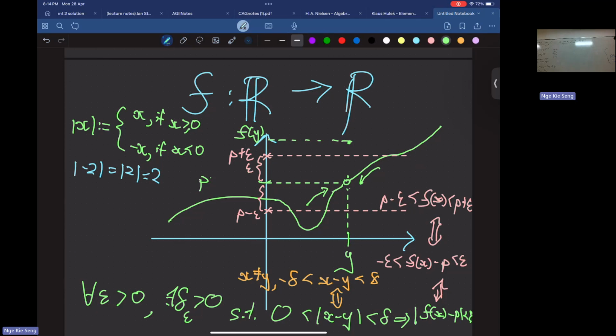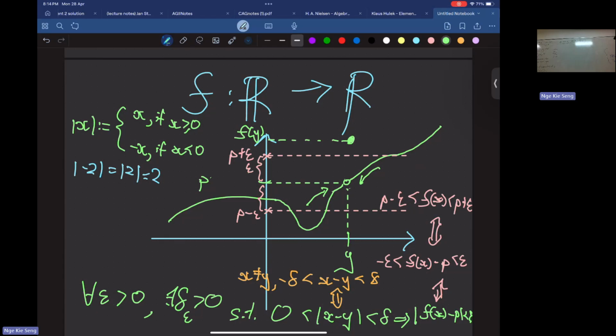But you say that this graph is not continuous, right? Because there's a hole here. But continuity is the next issue. Now we just care about limit. If we just talk about limit, we don't really care about the value taken on y.